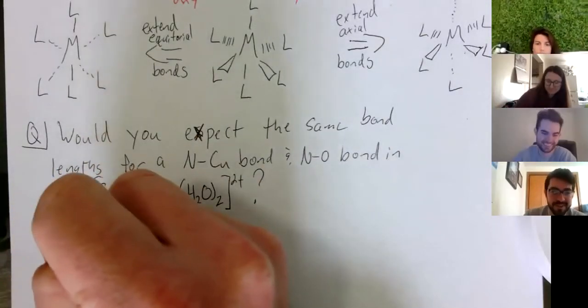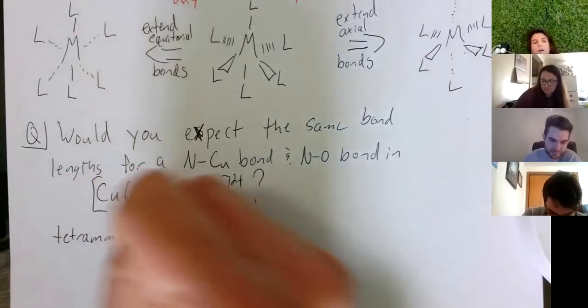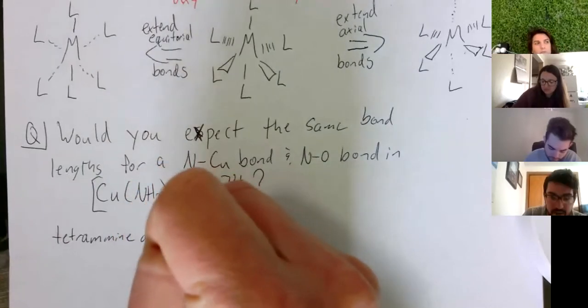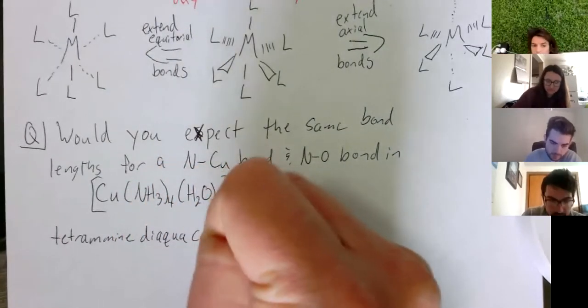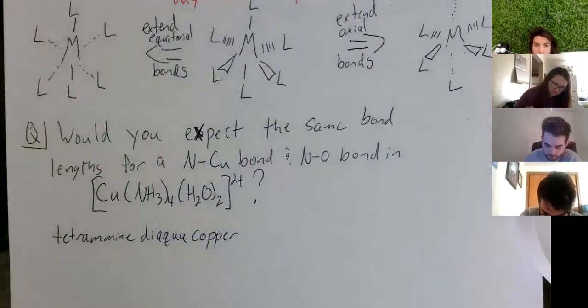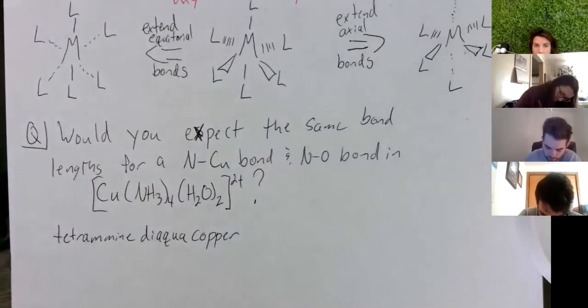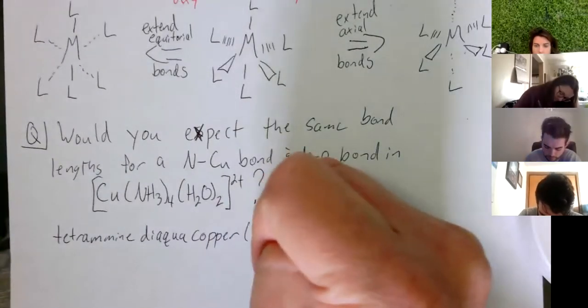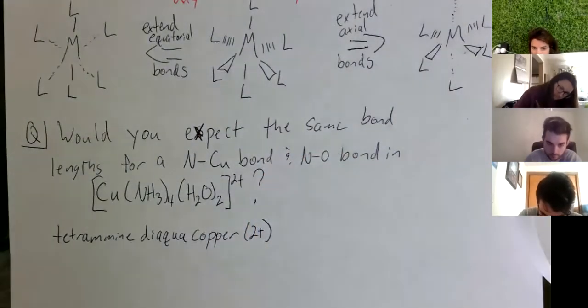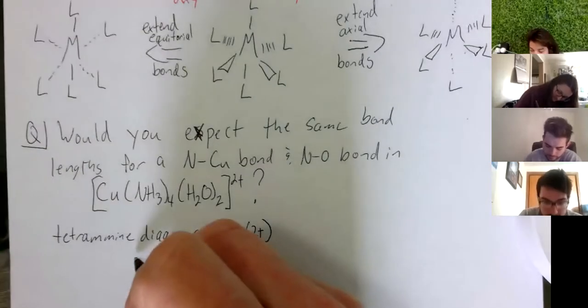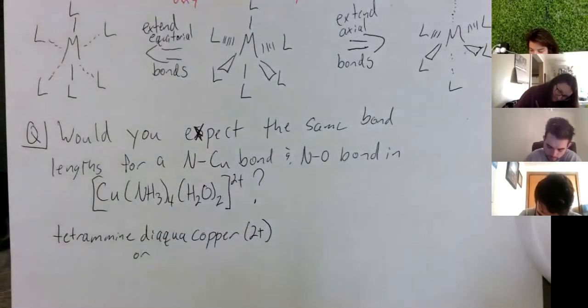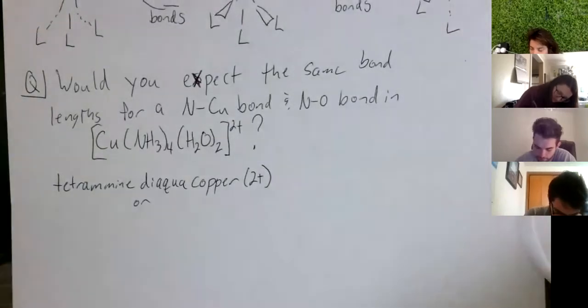Tetraamine with two M's, diaqua copper, and then 2 plus. Okay, so you want to do it this way. Now there's another way we can do that, not the EDTA naming convention.